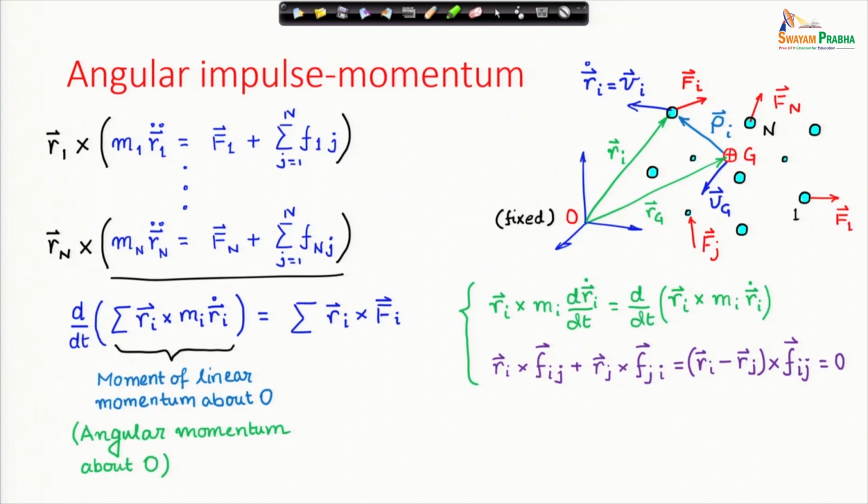On the left hand side, within the brackets, what we have is known as the moment of linear momentum about O. You can check that m_i r_i dot is nothing but the linear momentum of the ith particle, indicated by capital G_i vector, and r_i cross capital G_i vector. So, this is the moment of linear momentum about O, because all these position vectors are being measured from the origin of our coordinate system.